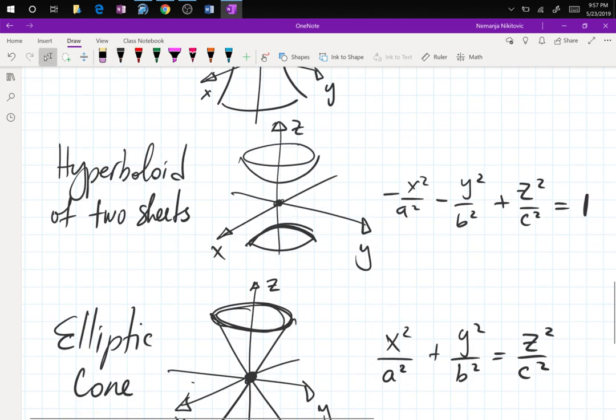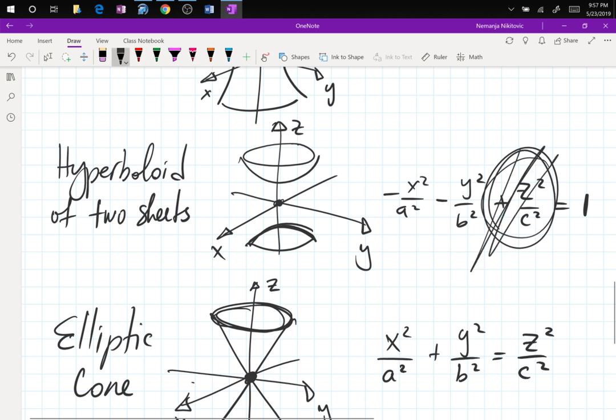Now, if I cut with z equals 0 and I just cut this out, well, we get the equation, and you move the minus to the other side, you don't get the equation of the ellipse because it would be x squared plus y squared equals negative 1, and that's not the equation.